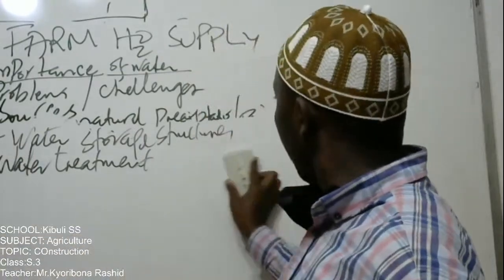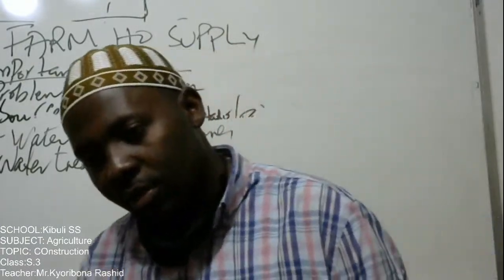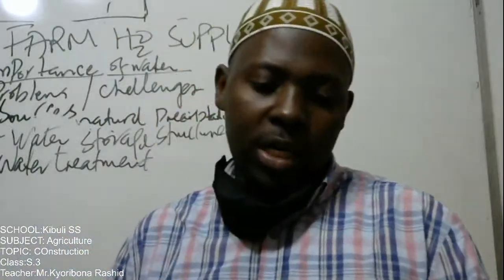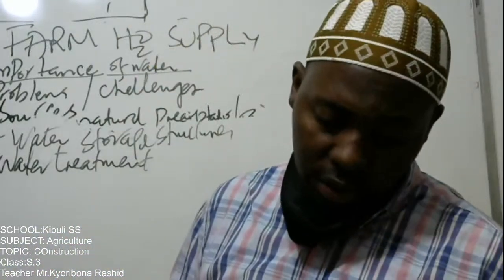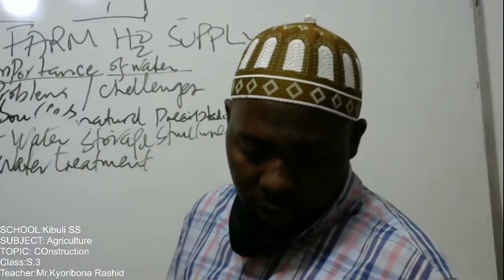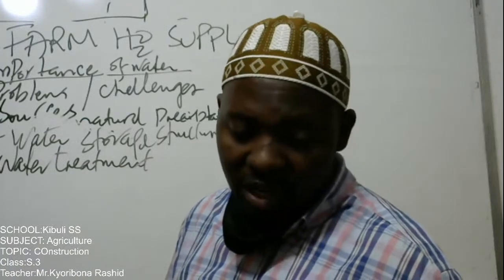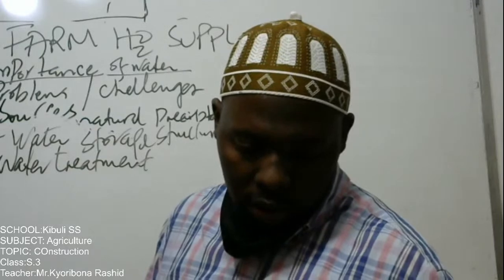On the farm, however, water which is going to be used for vaccination, it is important that we use water that is not treated. Okay. So we do not use water which is contaminated with chemicals and then use it to mix vaccines. No, it can interfere with our vaccines.